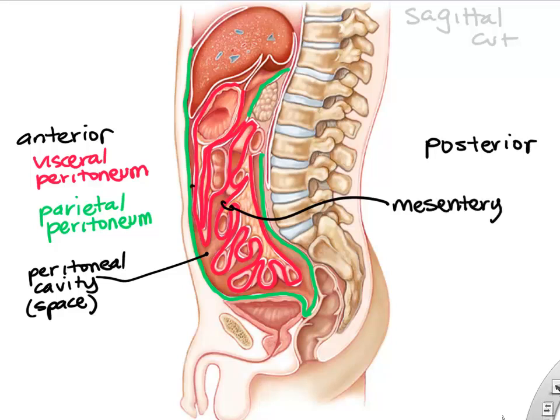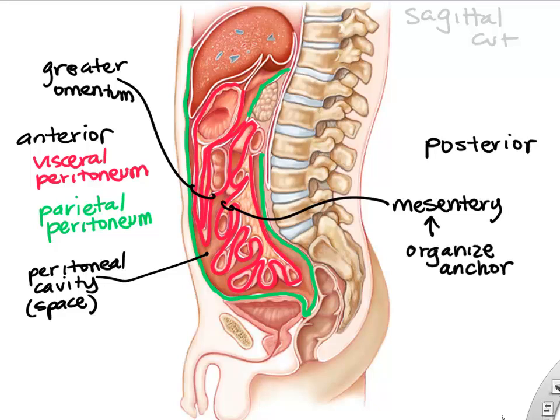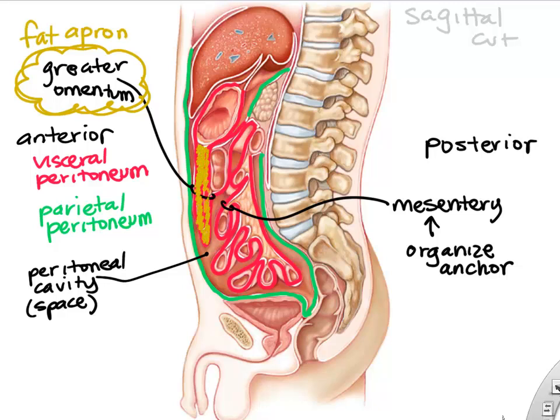When this visceral peritoneum folds over and holds and anchors our digestive organs, we call it mesentery. So it helps organize and anchor our intestines. We also have this greater omentum, which is a fat apron composed of a double layer of visceral peritoneum, and that's probably for protection.